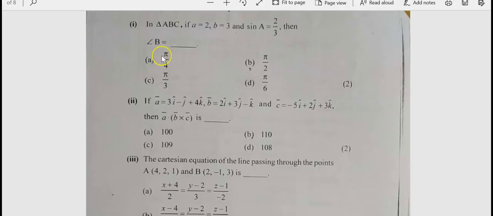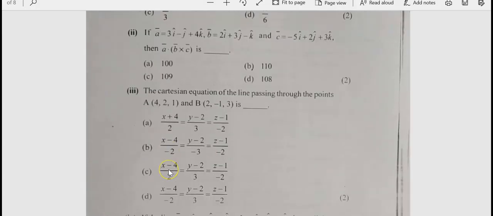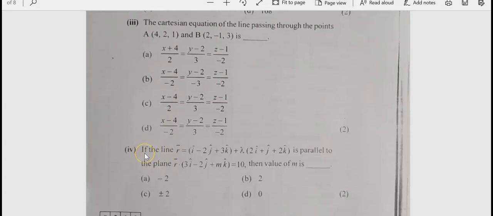This is the question: if the line r bar is equal to (i minus 2j plus 3k) plus lambda into (2i plus j plus 2k) is parallel to the plane r bar dot (3i minus 2j plus mk) is equal to 10, then the value of m is, that is, we want to find out the value of m.